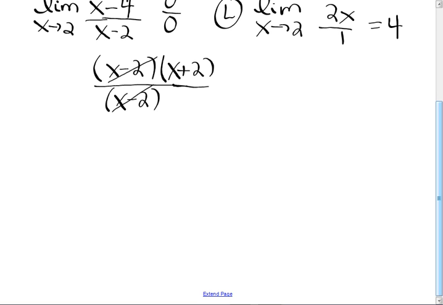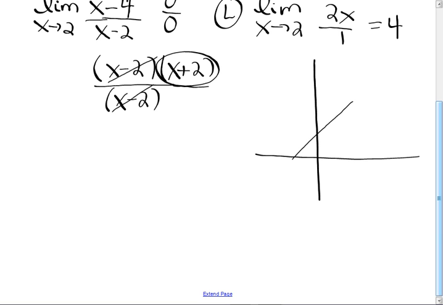This graph looks like x plus 2, a line, until I get to 2. And guess what? There's a hole there. If it's 0 over 0, it's going to be a hole. And what value is this getting close to? 4. If you put it on your graphing calculator, you can see the hole, provided you do a zoom decimal.